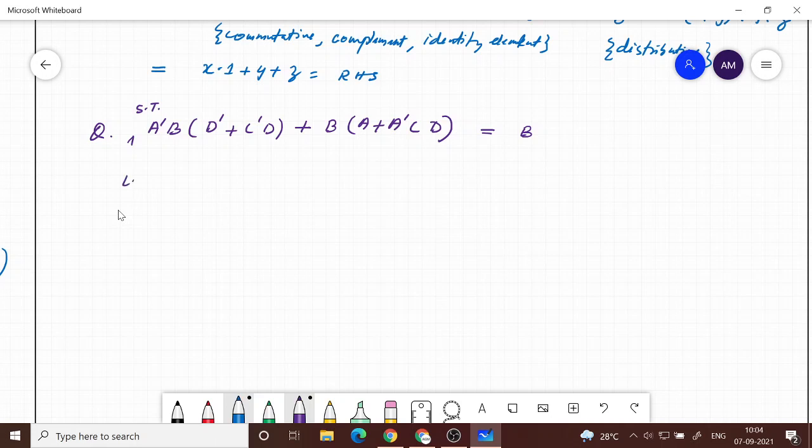So I can take B outside, and then A dash D dash plus A dash C dash D plus A plus A dash CD.